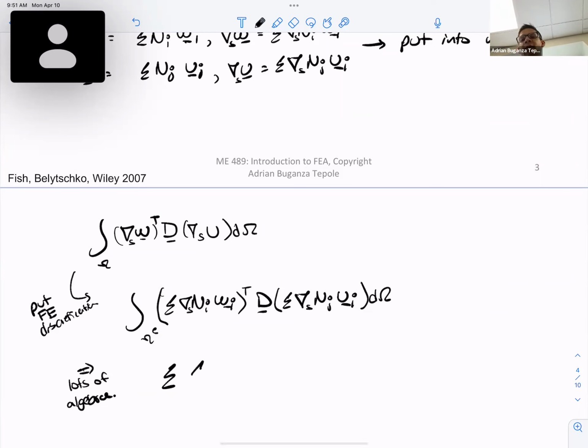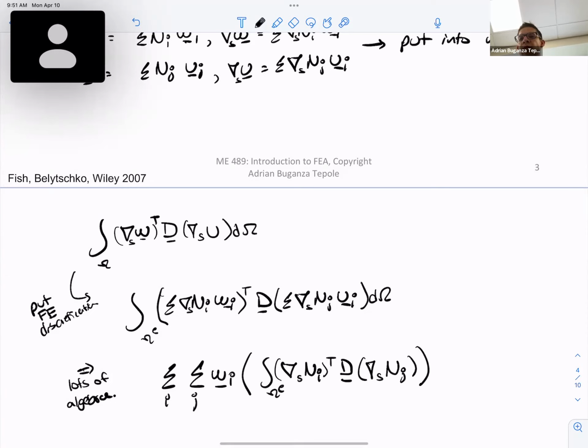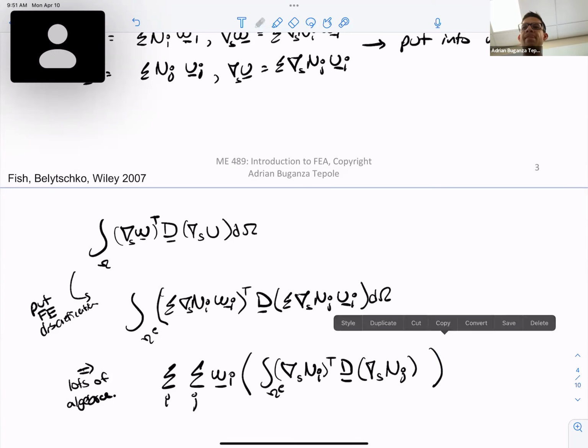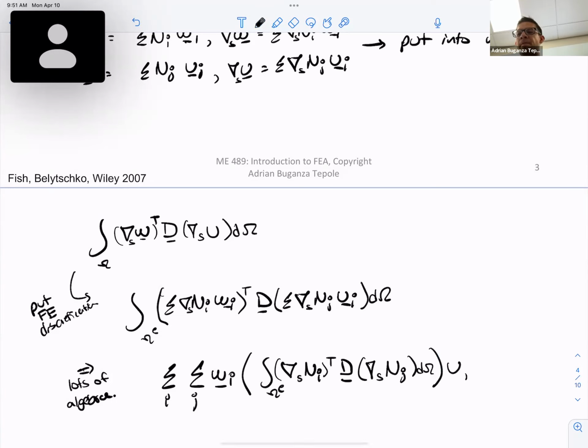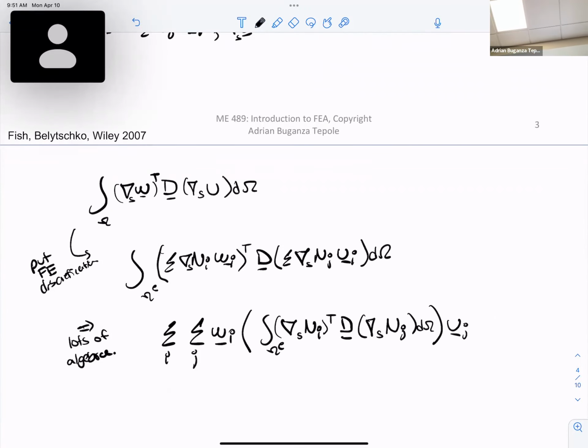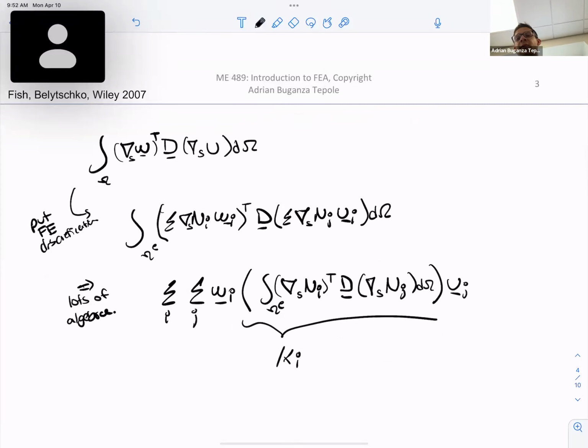So we're going to end up with something like this. So after doing the algebra, take the sums out, the nodal values out, what we are left with is the stiffness matrix for that element.